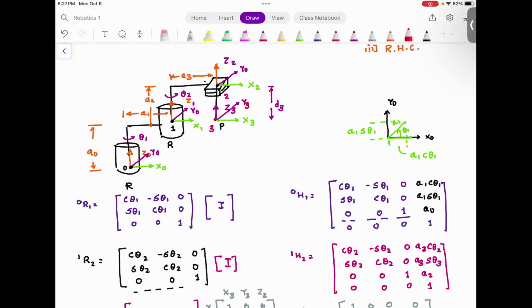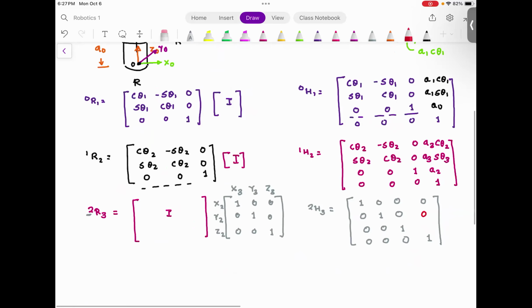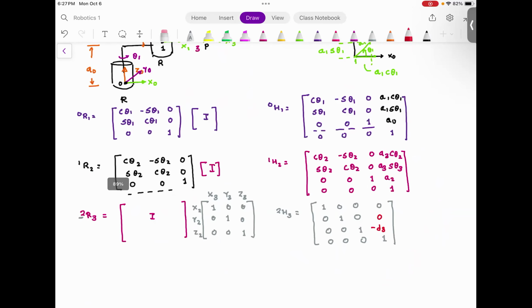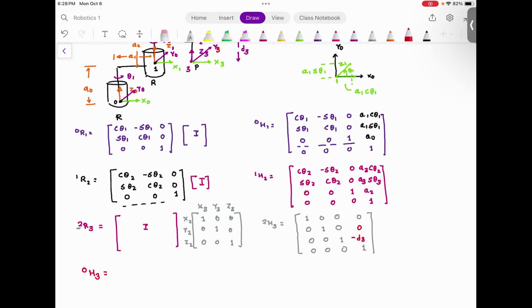And your forward kinematics would be 0H3 is equal to 0H1, 1H2 and 2H3. Are you with me so far? Once your forward kinematics is done, we use the MATLAB solve function, or you can use Python, NumPy solve, any other function to solve the inverse kinematics problem.